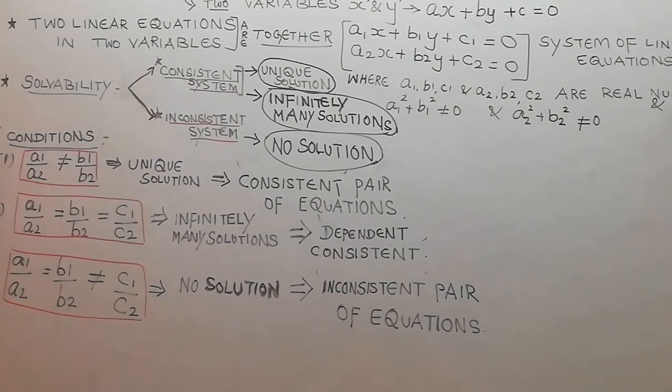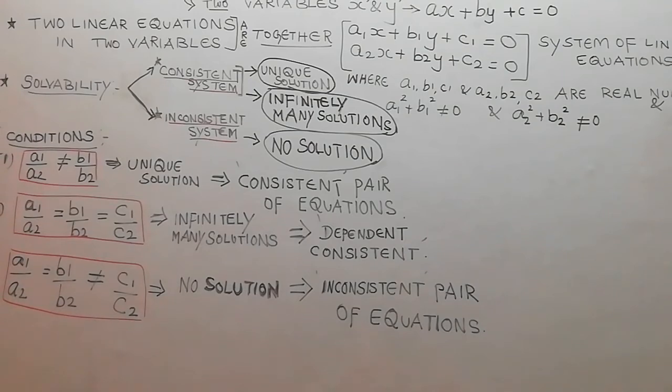Okay. Now, let us move on to the second condition. If the ratio of the coefficients of x, that is A1 by A2, and the ratio of the coefficients of y, that is B1 by B2, and the ratio of the constant terms C1 and C2, if all three ratios are equal, that is A1 by A2 is equal to B1 by B2 equal to C1 by C2, then this pair of linear equations will give rise to infinitely many solutions, and that pair of equations will be called a dependent consistent pair of equations.